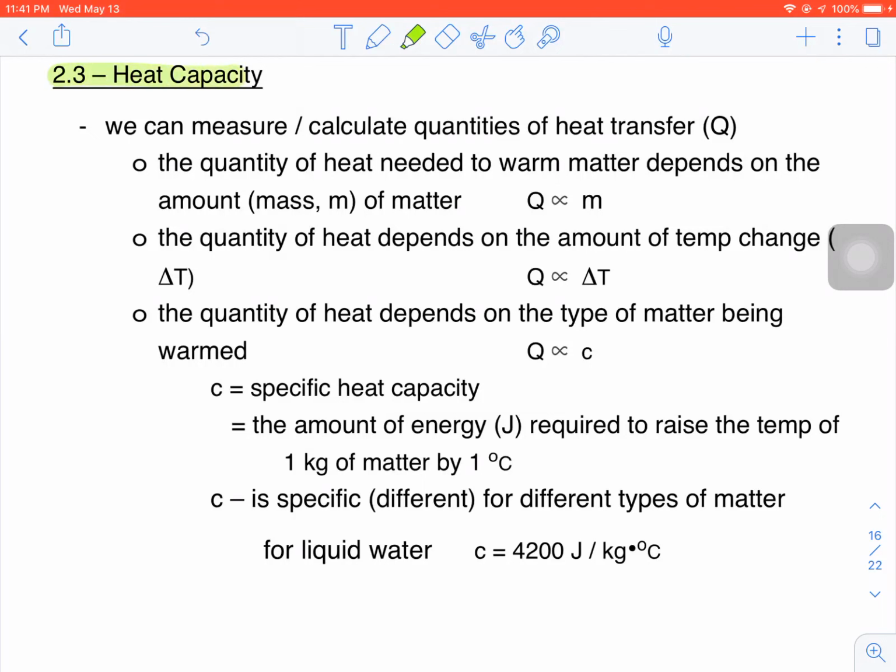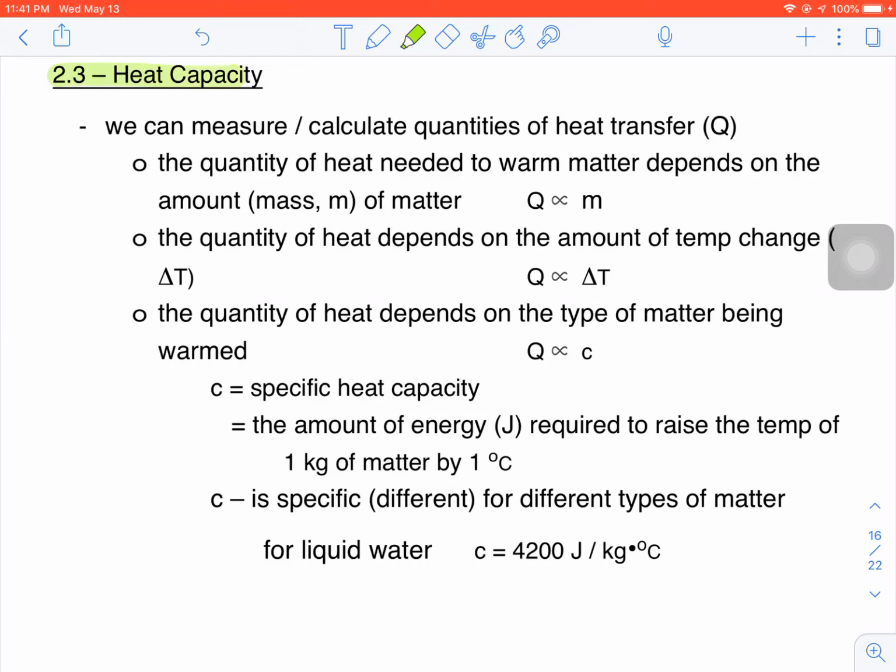heat capacity. Heat capacity is a concept that we use to say how much thermal energy is transferred. Remember, heat is defined as the quantity of thermal energy transfer. So in this case, if I'm causing something to heat up or cool down by either adding thermal energy or removing thermal energy, I can quantify that amount.